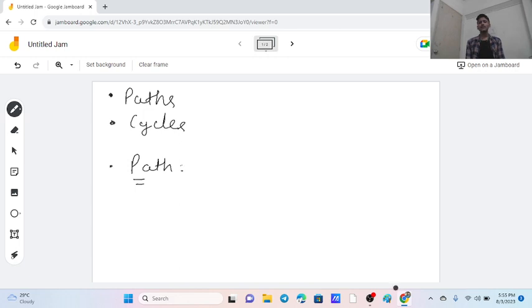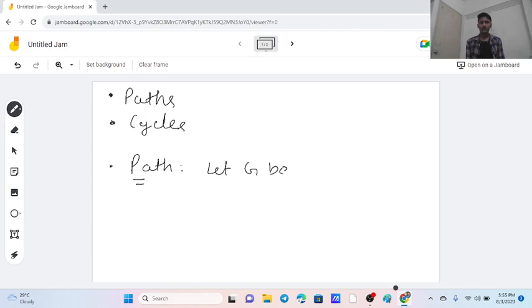Basically, a path is a simple graph in which vertices are in the form of a sequence such that two vertices are adjacent if and only if they are consecutive in the sequence. Okay, so let me explain this. What is a path?